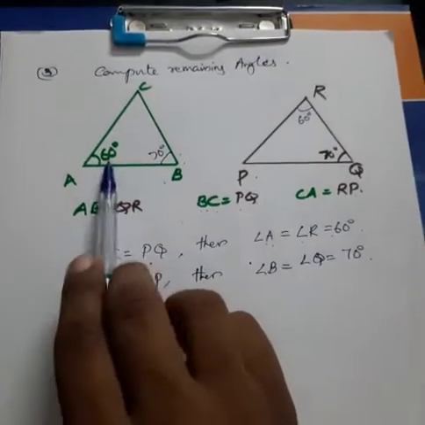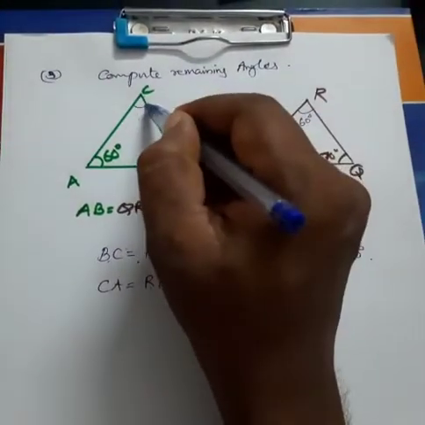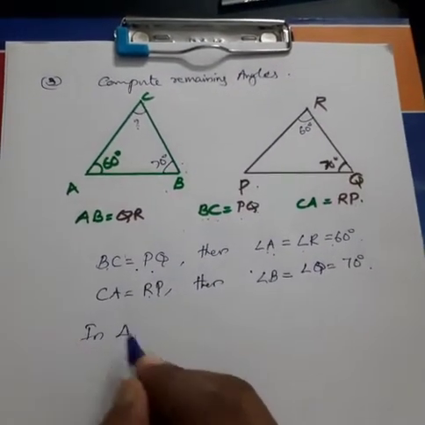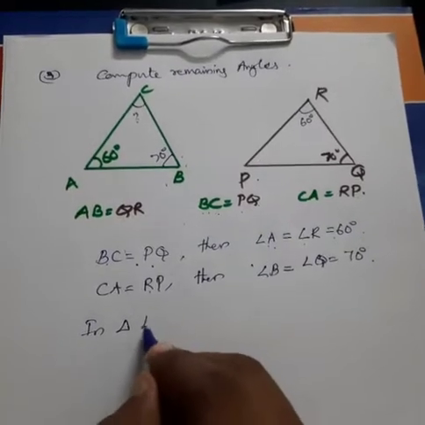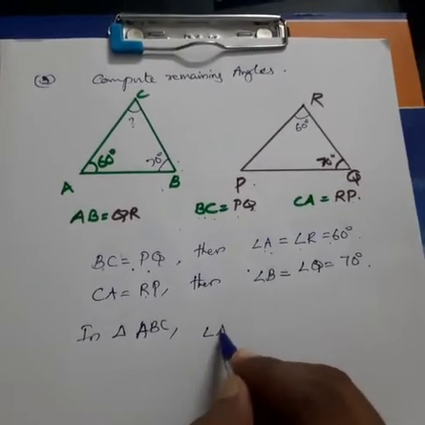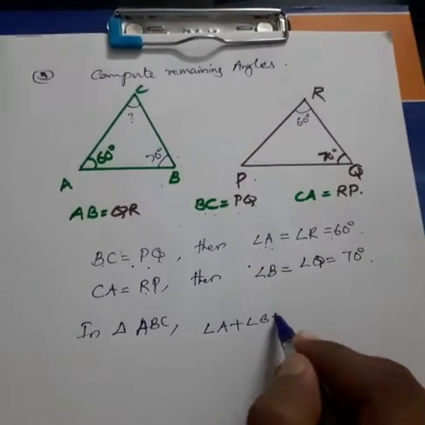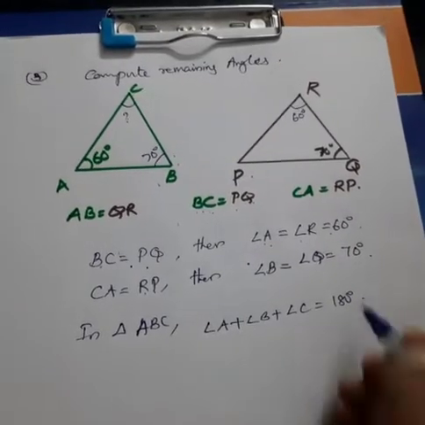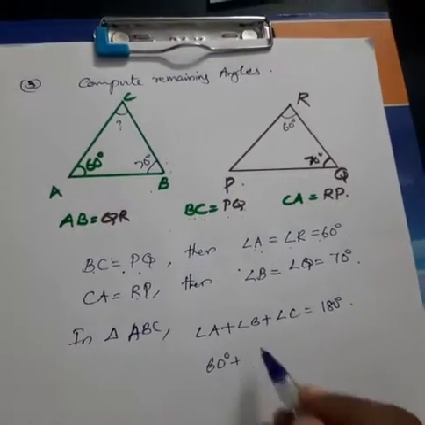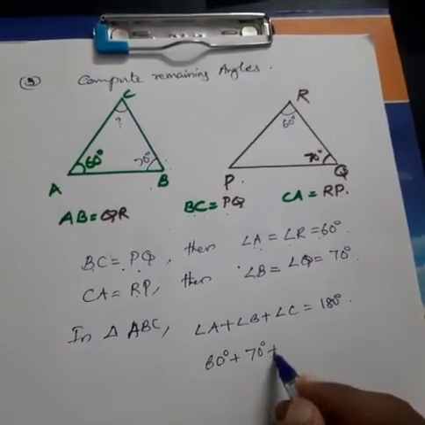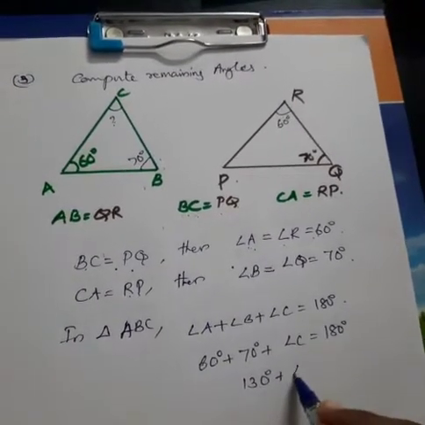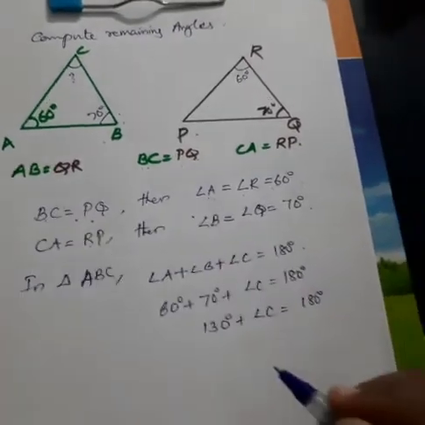So in a triangle, two angles are given. You have to find out the third one. How will you find that? In triangle ABC, angle A plus angle B plus angle C is equal to 180 degrees. Angle A is given 60 plus angle B is given 70 plus angle C is equal to 180. So it is 130 degrees plus angle C is equal to 180 degrees.